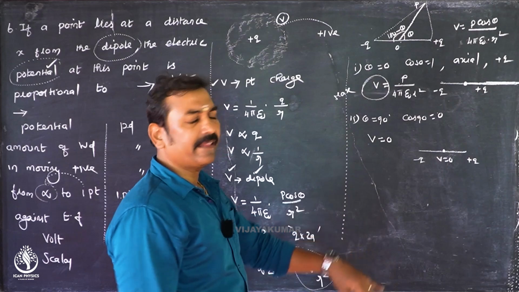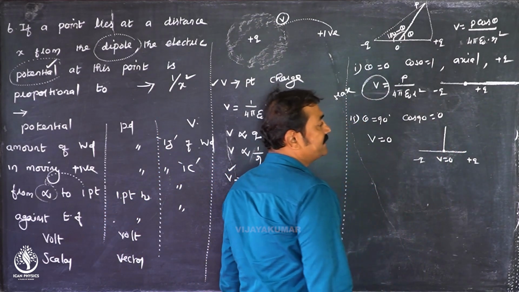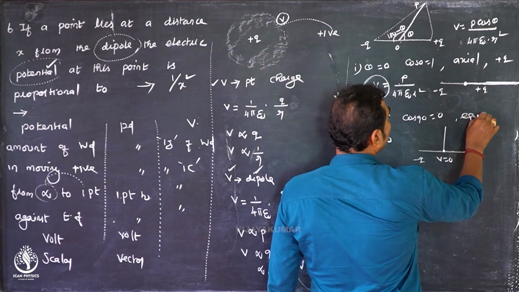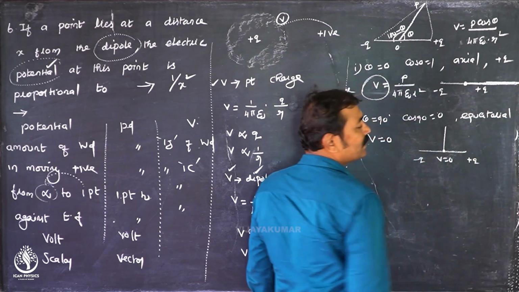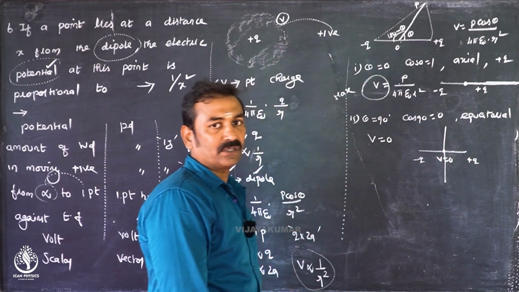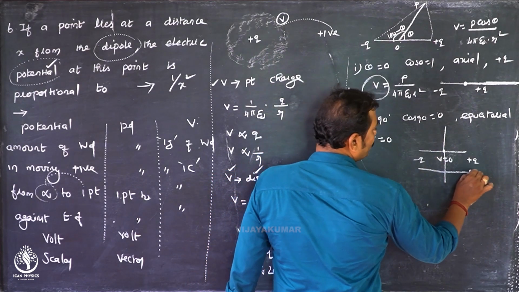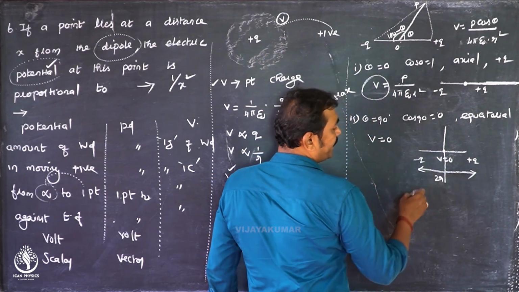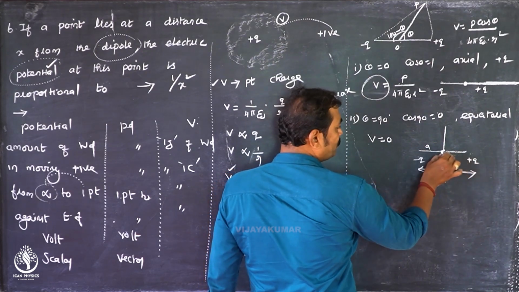On the other hand, we can discuss the same one. When you are going in a line like this, then it is called the equatorial line. So from minus Q to plus Q, the distance is 2a. The distance from minus Q to the point is a, and from plus Q to the point it is also a.